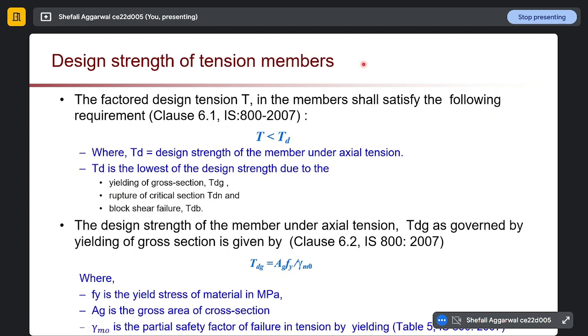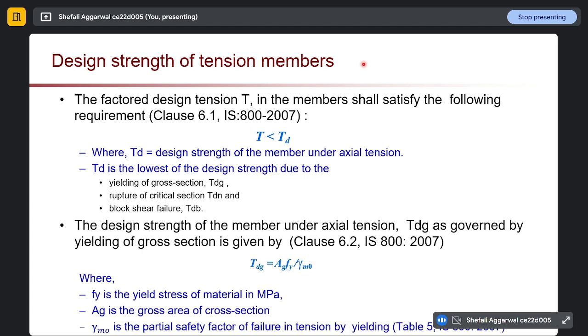Next, we go to the design strength of tension member. The first step is to calculate the factored design tension. The factored tension we are calculating should be less than the design strength. TD is our design strength, so the tension force we are calculating should always be less than the design strength.